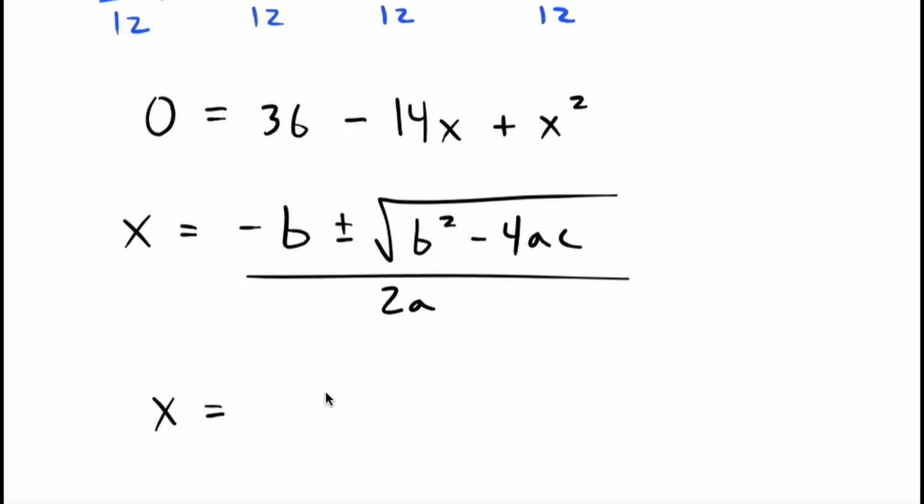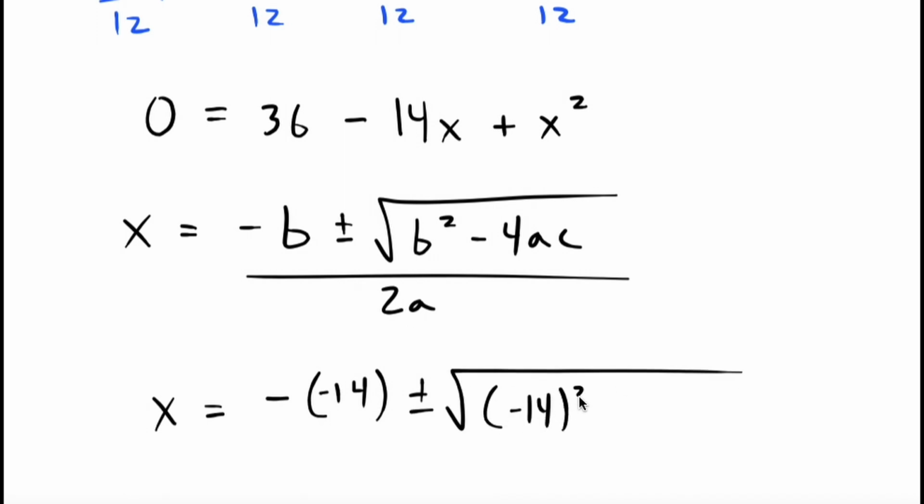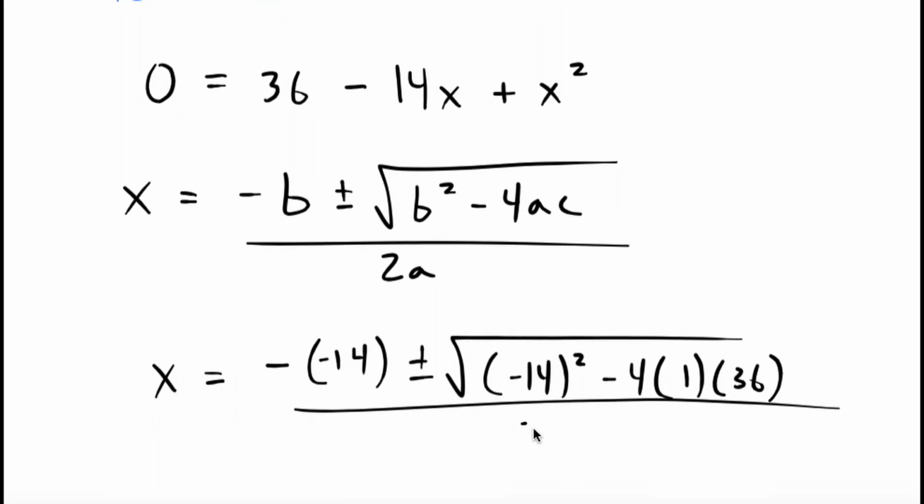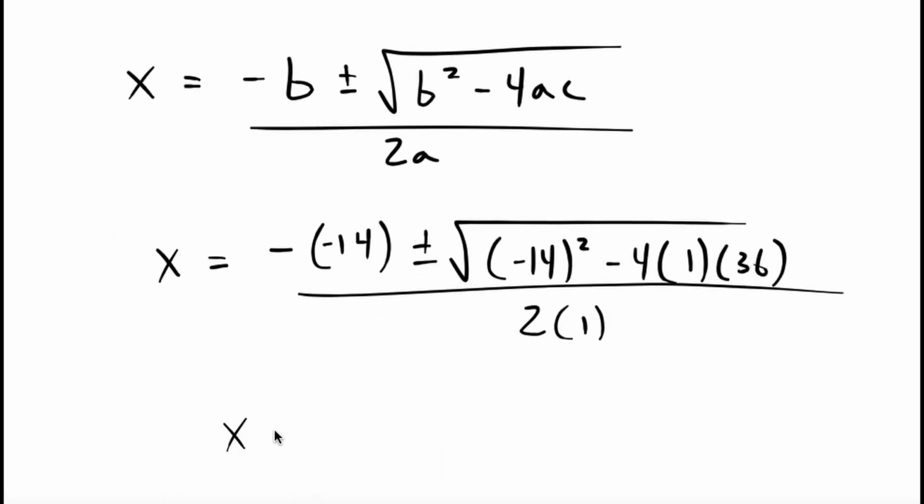Okay, so x should be negative negative 14 plus or minus square root of negative 14 squared minus 4 times 1 times 36, over 2 times 1.